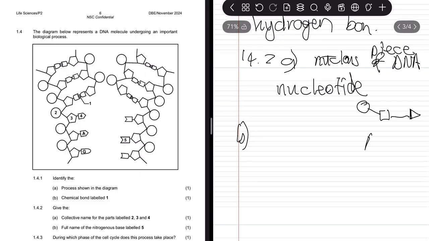If you have nothing else to help you remember, G goes with C and A goes with T. So the full name of the nitrogenous base labeled 5 would be thymine.